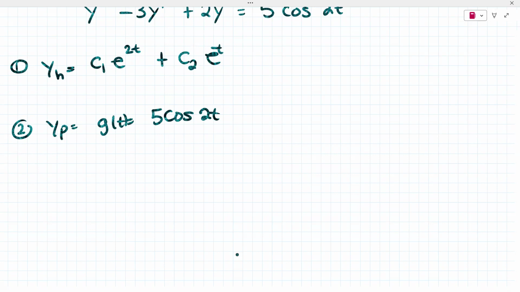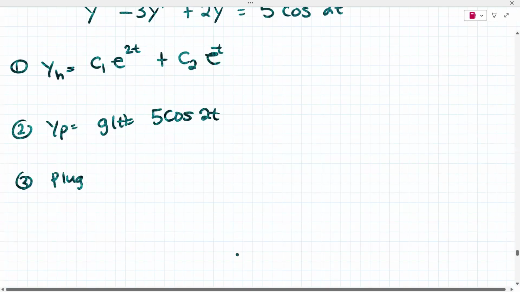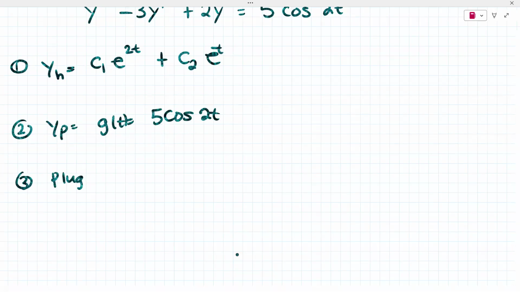Step 3 is to plug it into your differential equation. Wait, sorry. Your g of t is 5 cosine 2t. So that means your yp, you have a cosine, so you're going to need a sine.